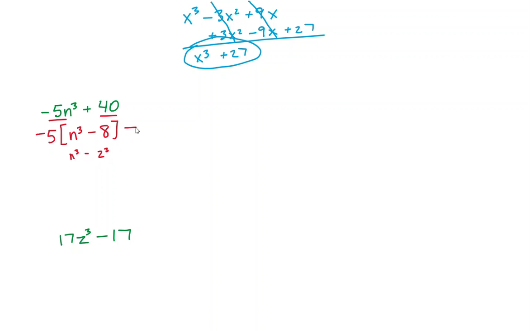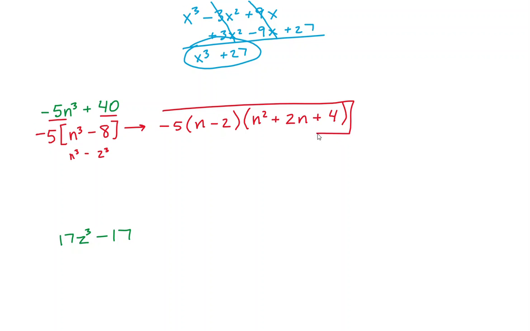So the formula says, first of all, bring over that negative 5 factor, negative 5, times the binomial, which is going to be n minus 2, and then a trinomial, which is going to be n squared plus, it's the opposite sign, plus 2n plus 2 squared, which is 4. And there is my final answer. I'm not going to check this one. You can do that on your own.